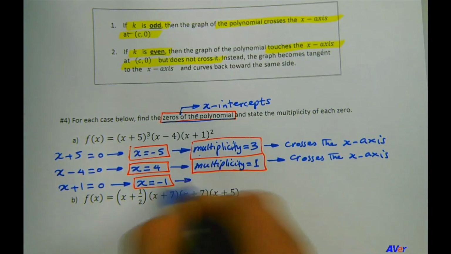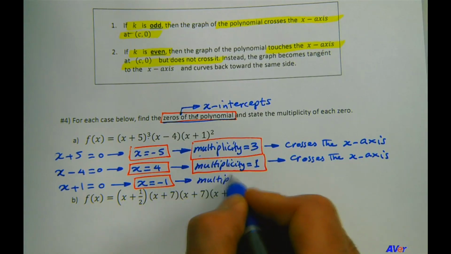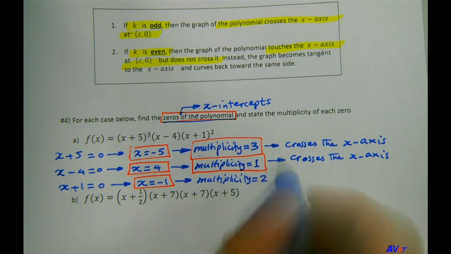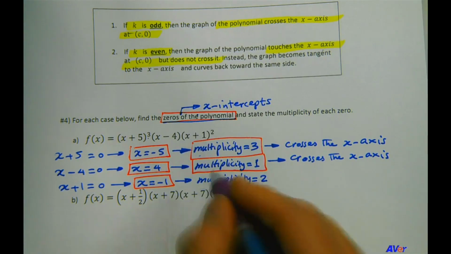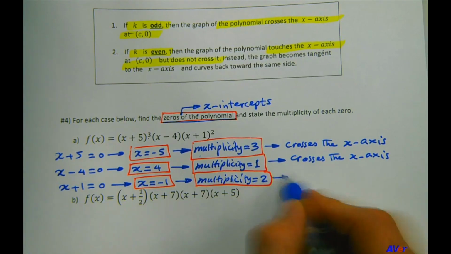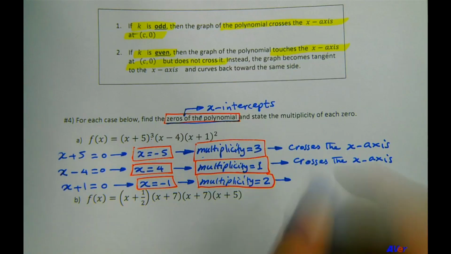What multiplicity does this have? The multiplicity is equal to 2, right? The power. Does it cross the x-axis or not? Look at this box. Does it cross the x-axis if the multiplicity is even? No, right?